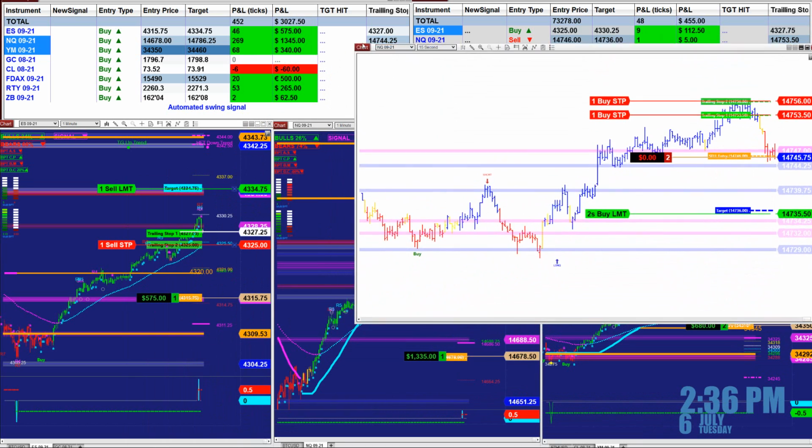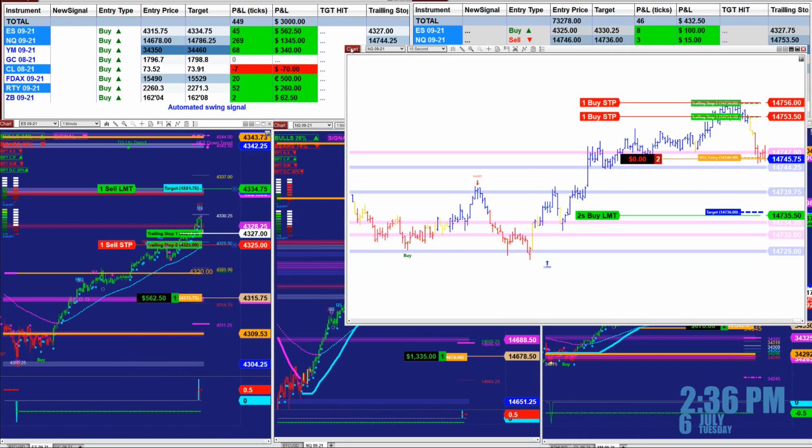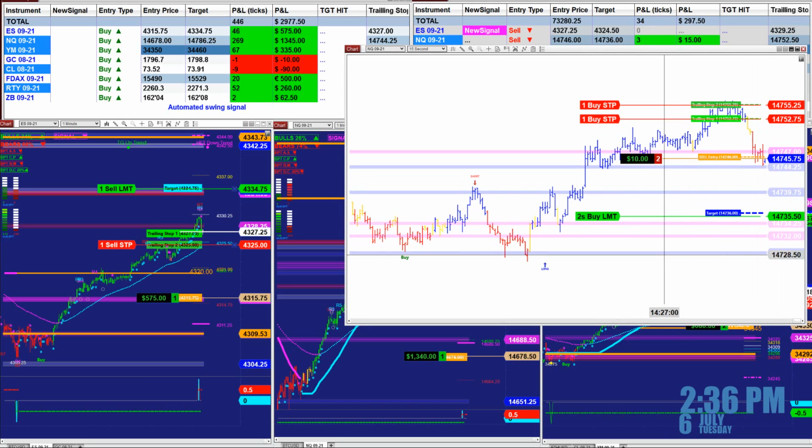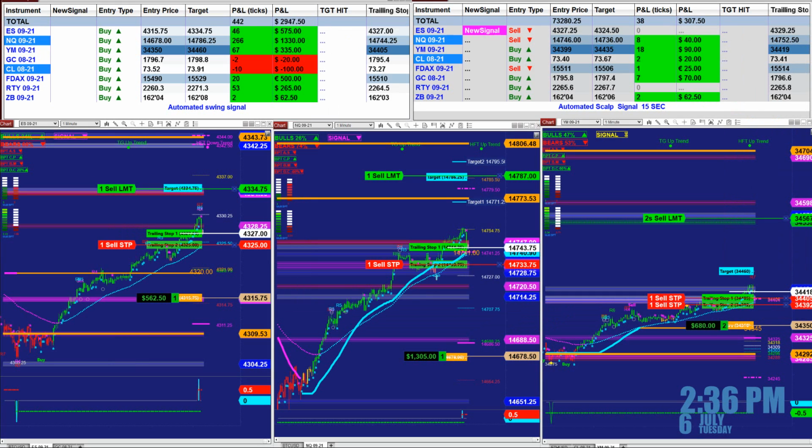Here it is, Nasdaq, sell at 46 level, and there we go. We are going on the last trade, and now the ES is taking a trade, and then the auto trade will start taking trades. This is one kind of auto trade.